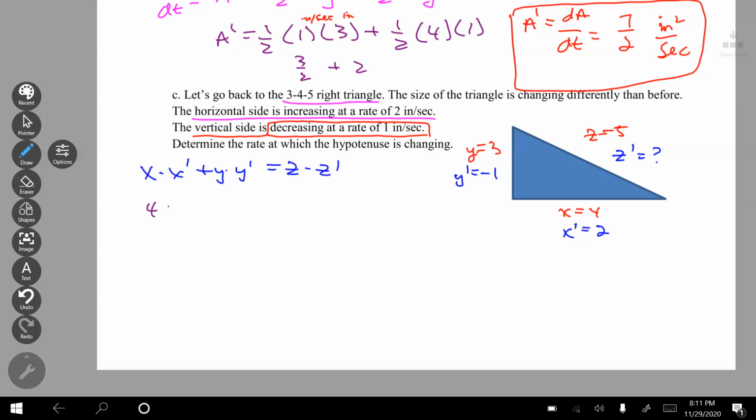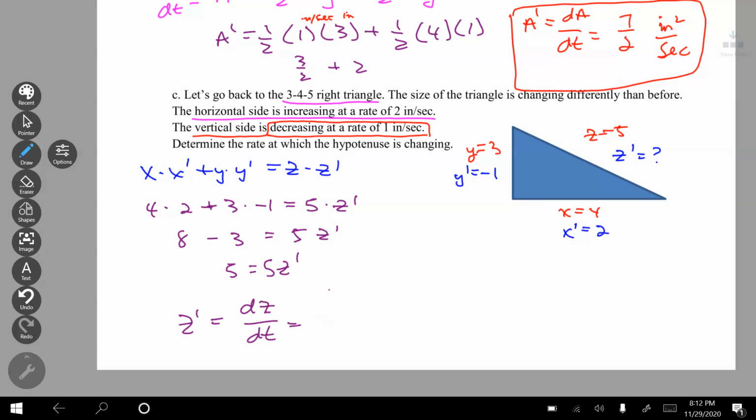I know 4 times 2 plus 3 times -1 is equal to 5 times z prime. 8 minus 3 is equal to 5z prime. 5 equals 5z prime, and I divide by 5. I get z prime, my change in z over change in time, is equal to 1 inch per second.